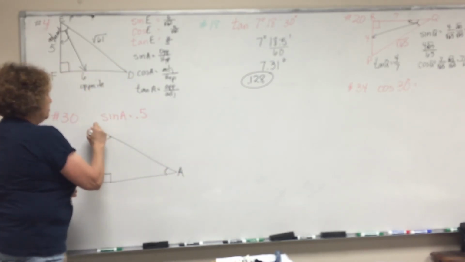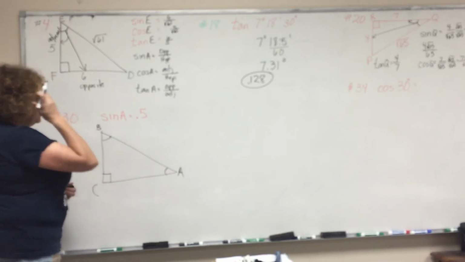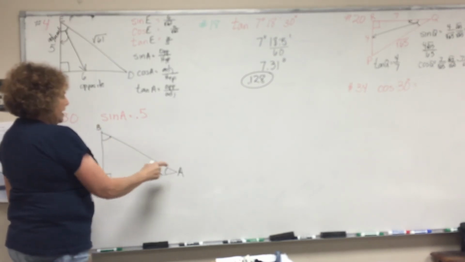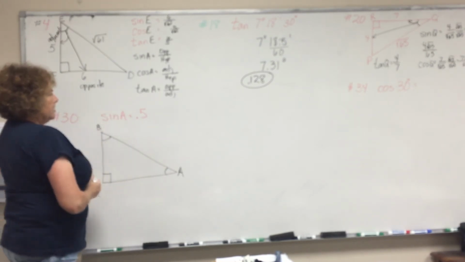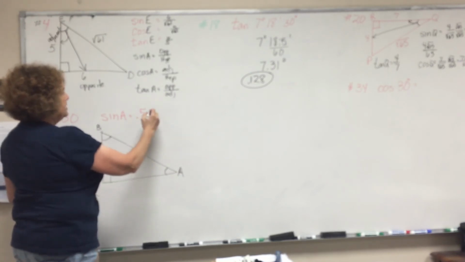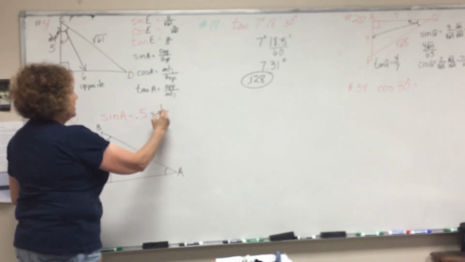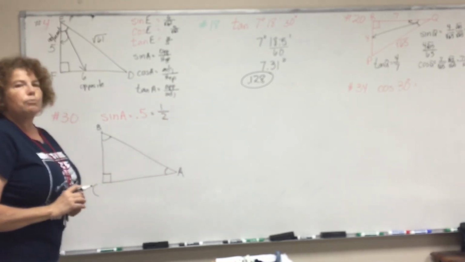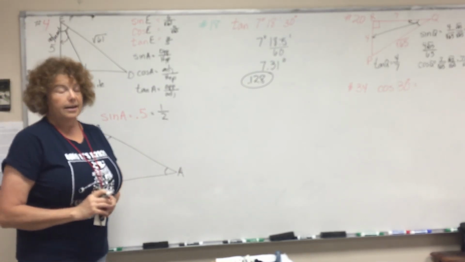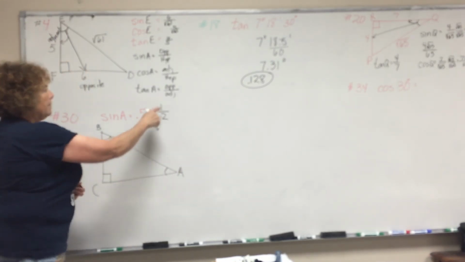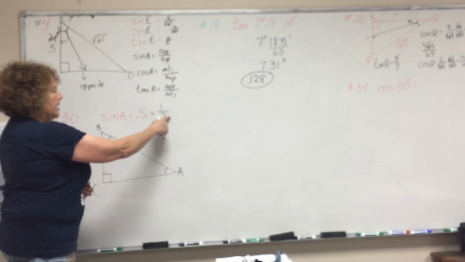And we'll make this angle B and this angle C. So the sine of A is 0.5. Well, we can make this a fraction by saying it is 1/2, or you can just do 0.5 over 1 to do these. So that means opposite over hypotenuse.